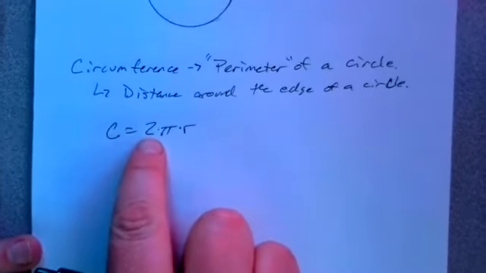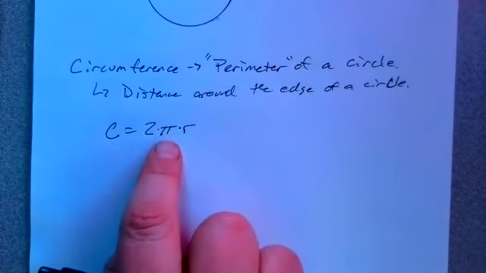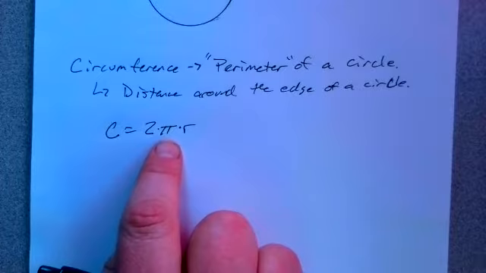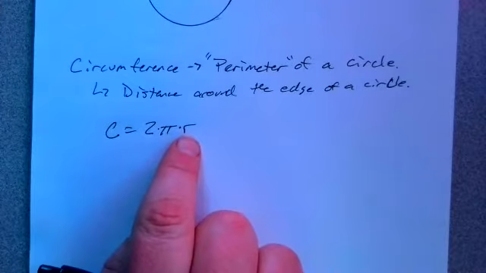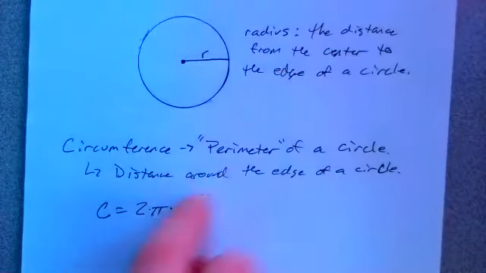Well, 2 is the number 2. Pi is a number, 3.14159, that goes on forever and ever, and r being the radius that we just discussed.